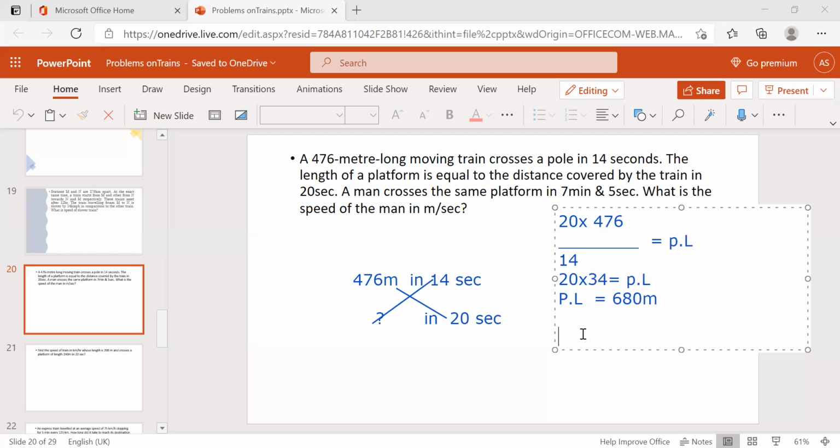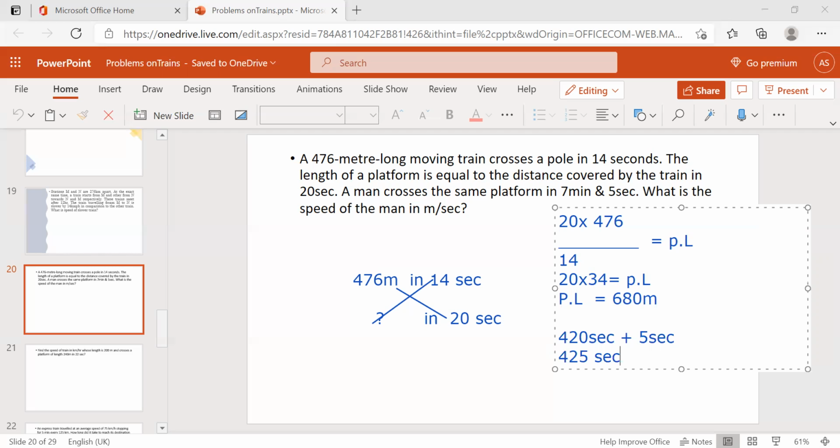If you want to convert into seconds, 7 into 60, because we are converting minutes into seconds. 7 sixes are 42, that means 420 seconds for 7 minutes. Plus we have 5 seconds, right? So totally 425 seconds. The man will cross in 425 seconds.